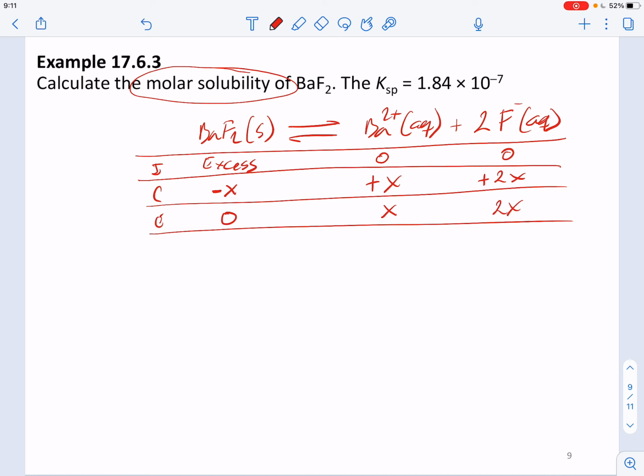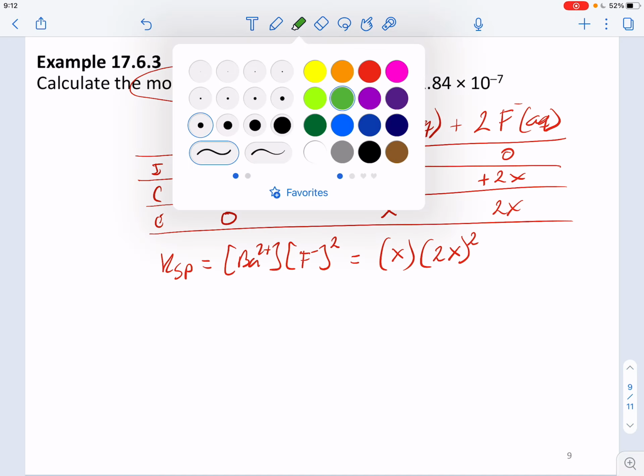Now we are ready to write our equation, right? Ksp is equal to the concentration of barium 2+ times the concentration of fluoride raised to the power of 2. So for barium we obtain x, and the concentration of fluoride is going to be 2x, and that is going to be raised to the power of 2. Here is a common mistake that some people tend to make.